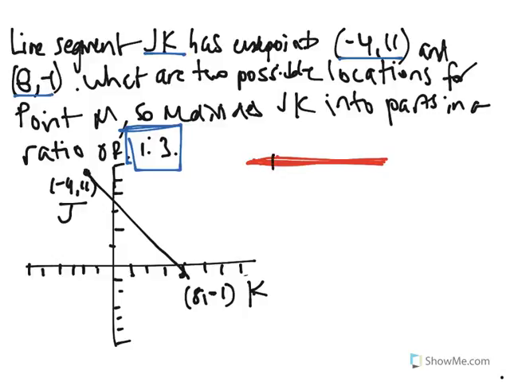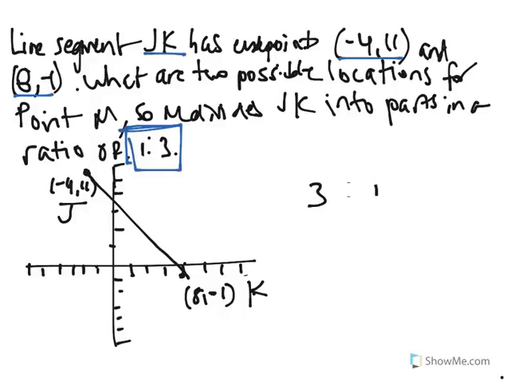So if I get 3 parts for every 1 part that he gets, I'm going to get this many, and he's going to get 1. So this means that if something is in a 1-to-3 ratio, there needs to be 4 parts total, right?